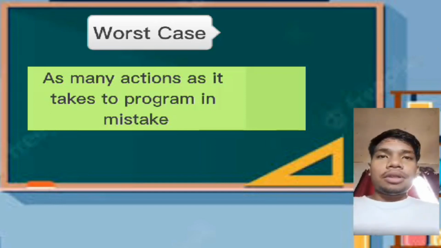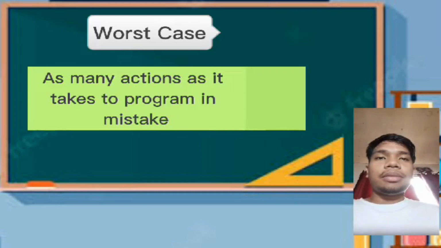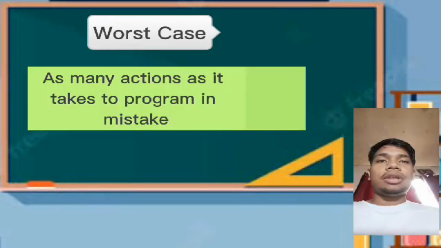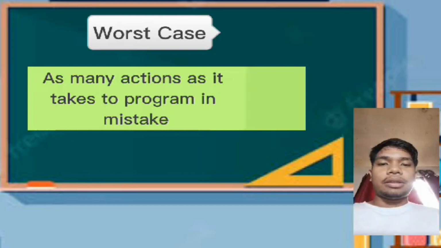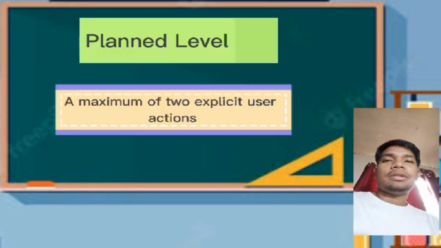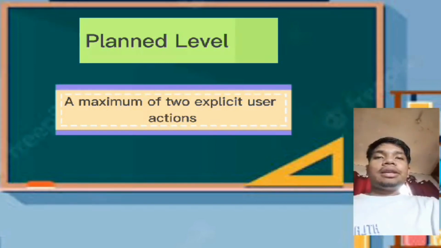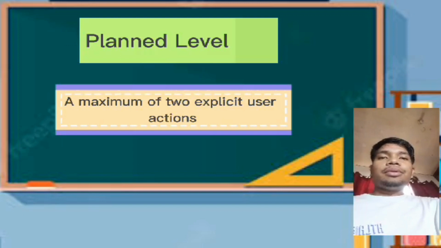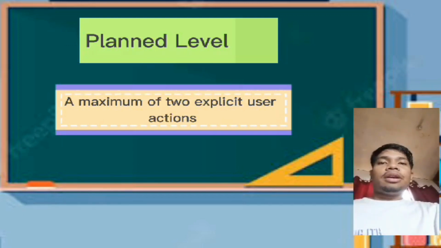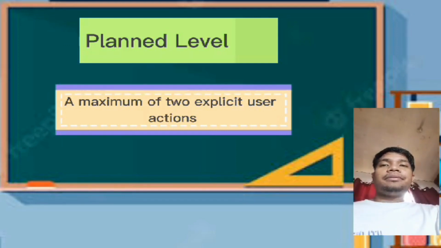The worst case, planned level, and best case describe what the designer should aim for in their design. Planned level: a maximum of two complex user actions. A planned level is a set of attributes that identify and label key figure values and form parts of the definition of a planning area.